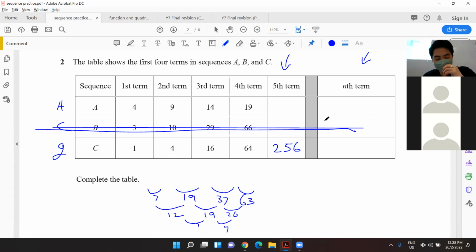But I mean, unless you can fully understand how the quadratic formula works, if not, it's a bit hard to explain this nth term. I think we want to explain this one.